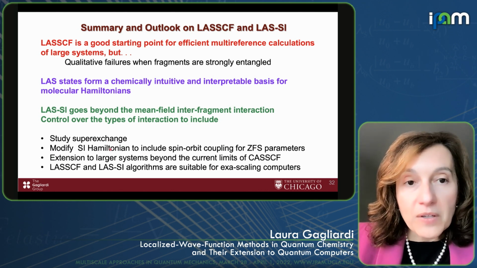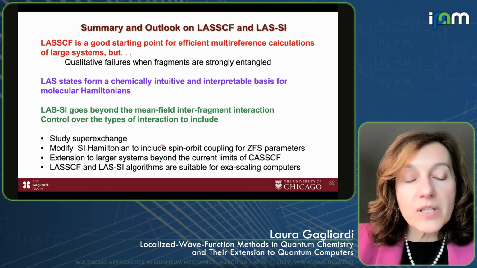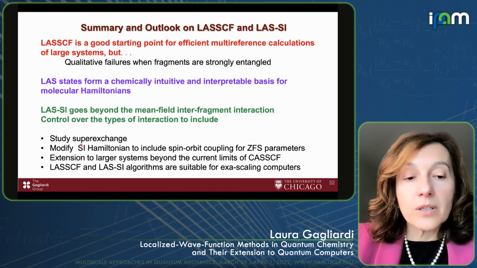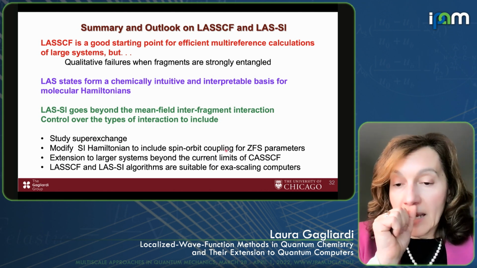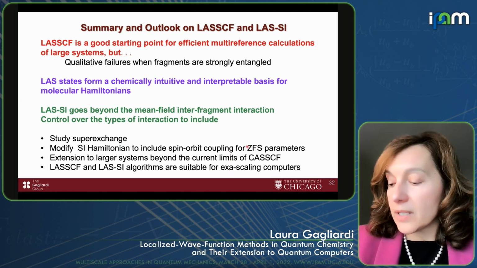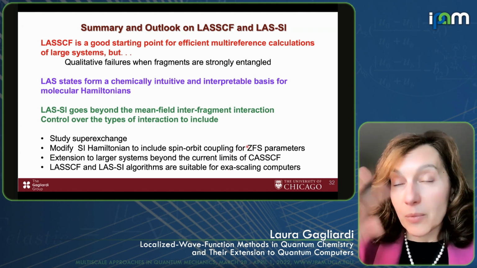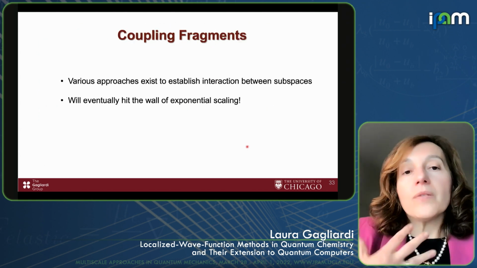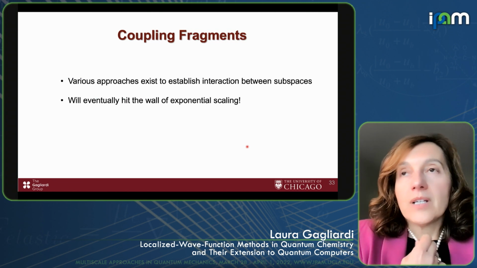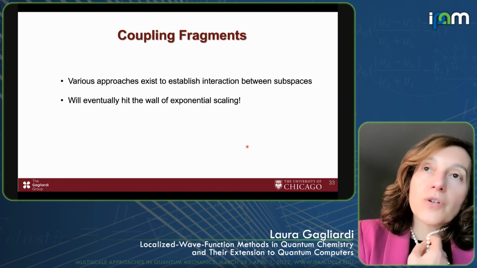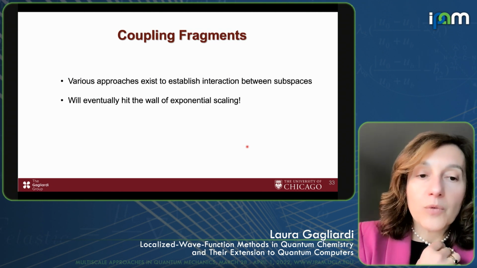So here are possible applications of the method. One could study superexchange, or for example, modify the Hamiltonian to include spin-orbit coupling. And in principle, this is a method that one could think of as being exascalable because of this fragmentation. This is interesting, and this fragmentation method has attracted a lot of attention from the entire community.